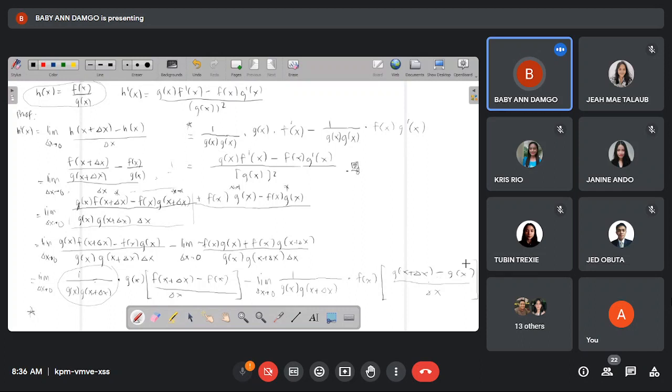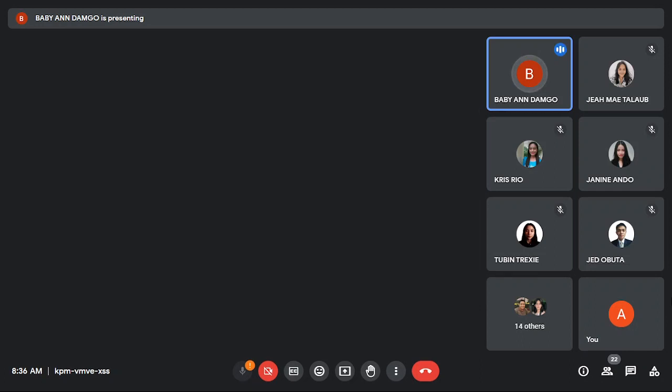Next, the limit of this is just the definition of the derivative of a function g, so this is g prime of x. So, simplify.